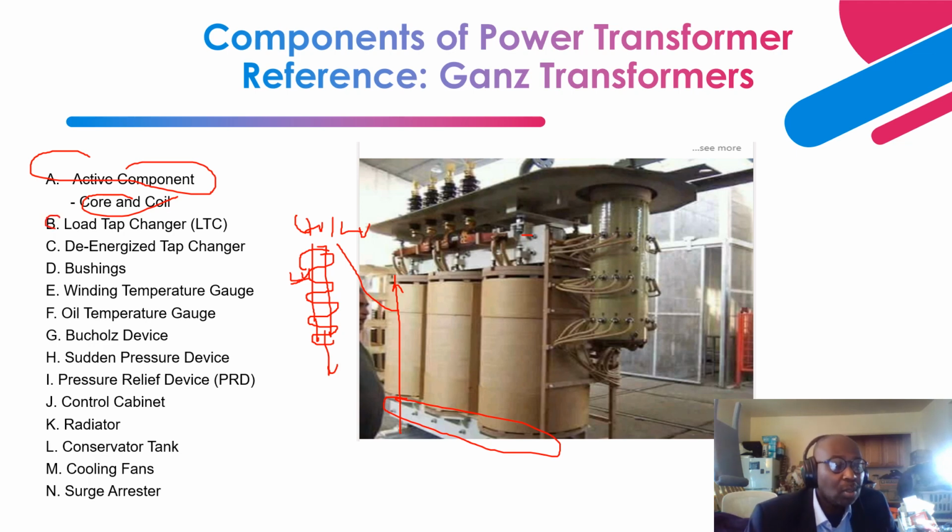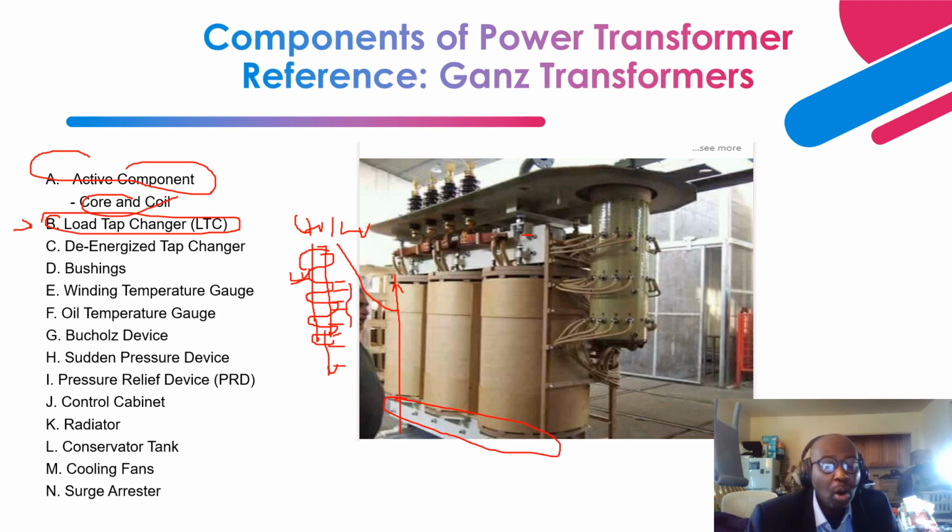Next is the load tap changer. As you can see over here, we have the low voltage winding that is wound. Remember, the low voltage winding is inside, the first winding after the core. Part of the low voltage winding are taps that are brought out.